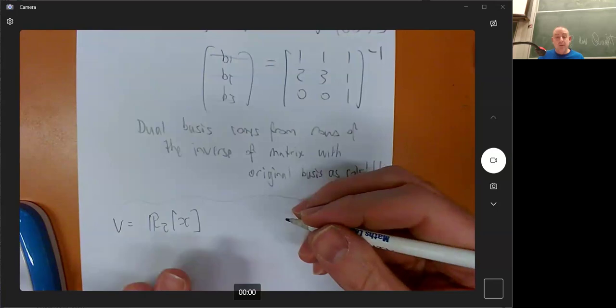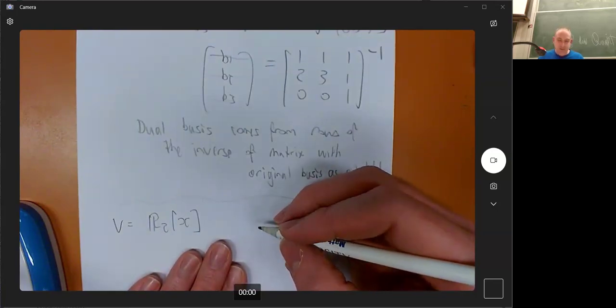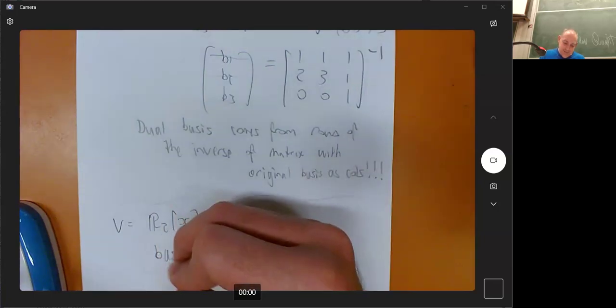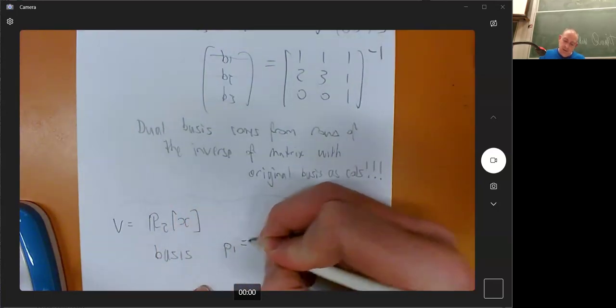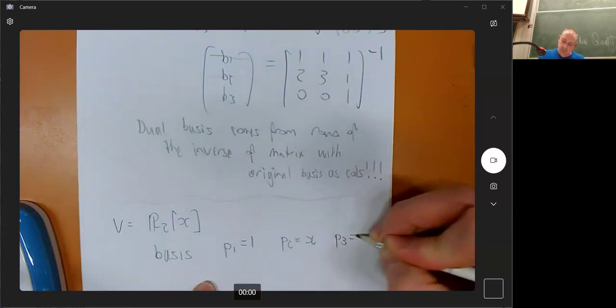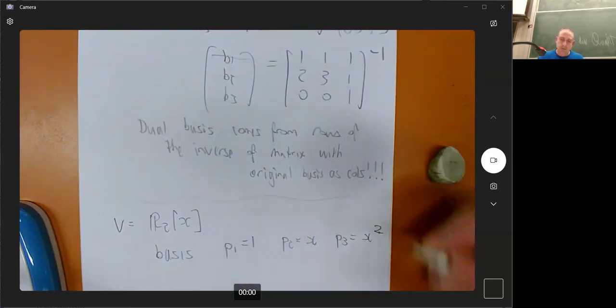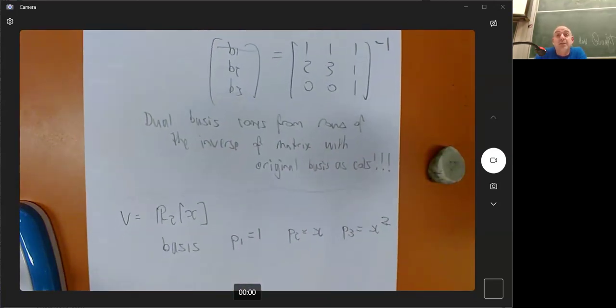Now I know that this has a standard, natural basis. I'll call it P1 and P2 and P3. It must have a dual basis.